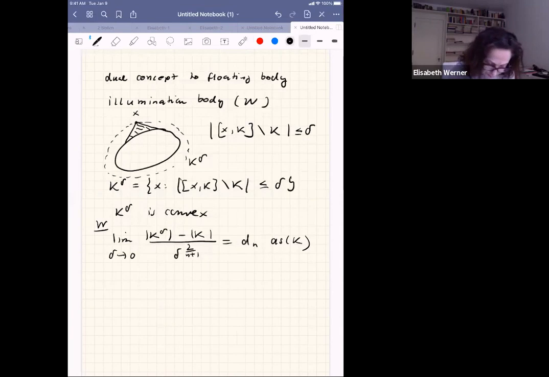So the same result holds. This illumination body could also be used with this limit as a definition of the affine surface area.